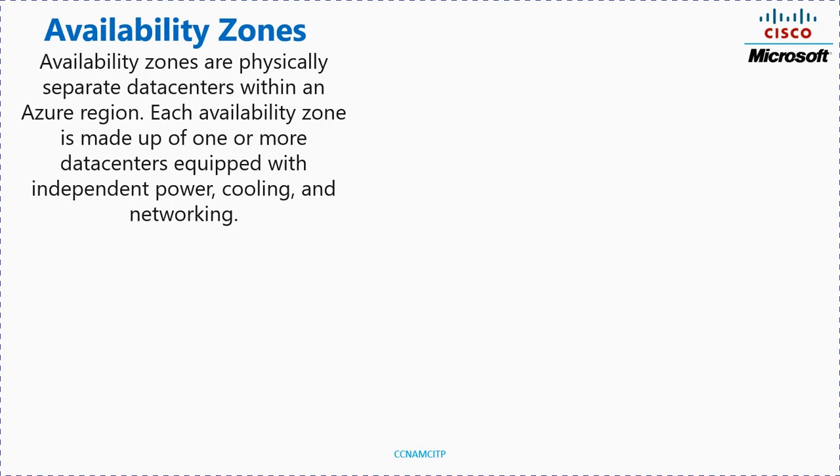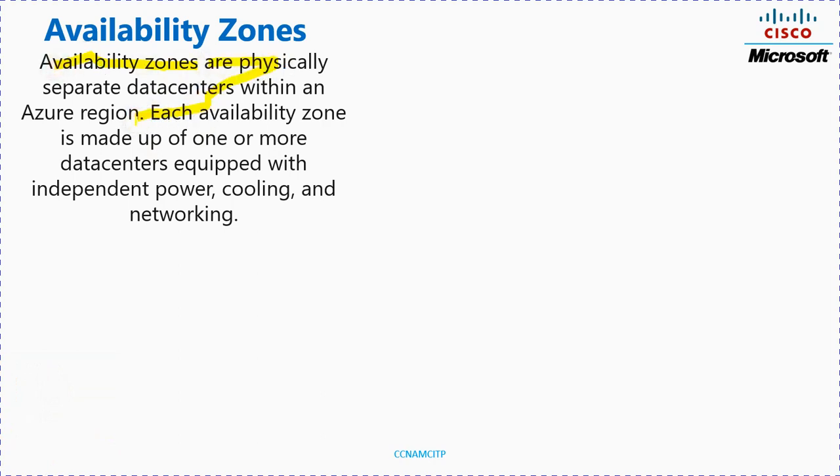Okay, so availability zones are physically separate data centers within an Azure region. Okay, very simple. Definitely there will be a question like they will cut this much, they will give you blank and this much definition.